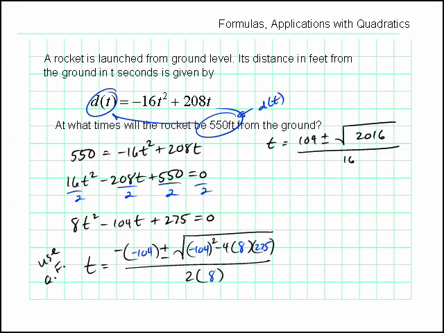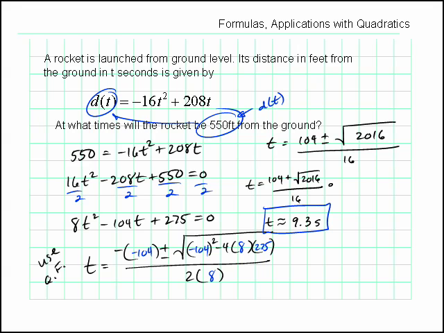Now, I'm going to get a decimal approximation to this, so I'll just split it into 2 parts. If I use the plus sign, I can type that into my calculator. And I get an answer of about 9.3. And that would be time is 9.3 seconds. And so that's one answer to our problem.